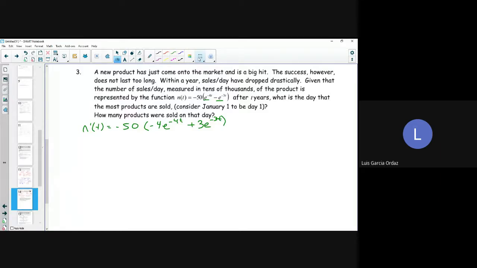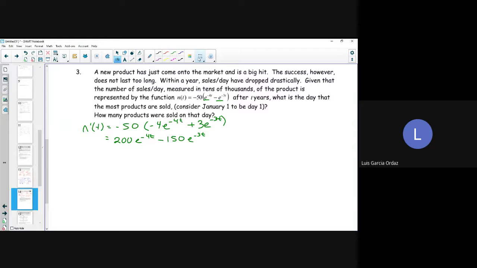Let's factor my negative 50 in so that it's easier for us to find another common factor. So I got 200 times e to the negative 4t minus 150 times e to the negative 3t.